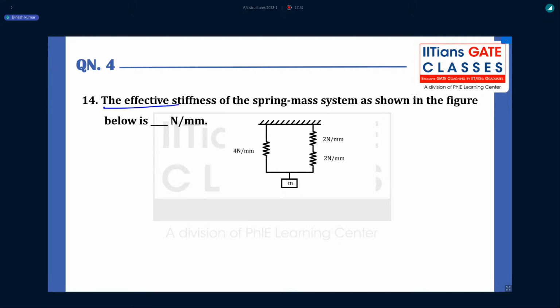The effective stiffness of the spring mass system as shown in the figure below is. So if you see, this is a simple mechanics question, guys. In this question, you see this spring and this spring are in which combination, guys?